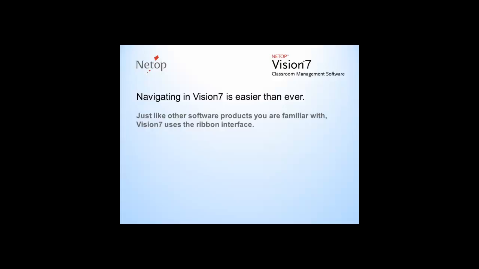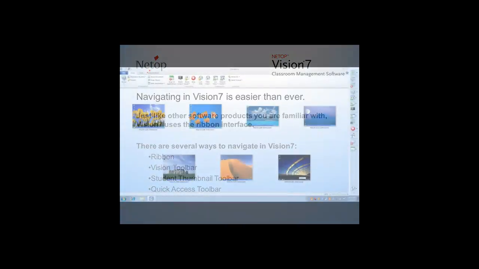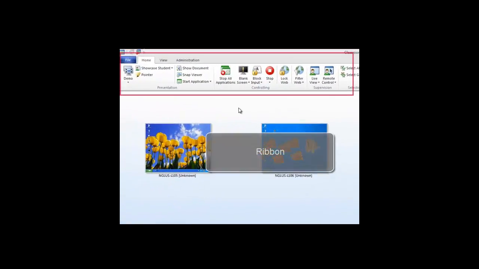And just like other software products you might be familiar with, Vision 7 uses the ribbon interface. And there are several ways to navigate inside the Vision 7 program. You can use the ribbon, the Vision toolbar, the student thumbnail toolbar, and the Quick Access toolbar. I'll show these to you now.